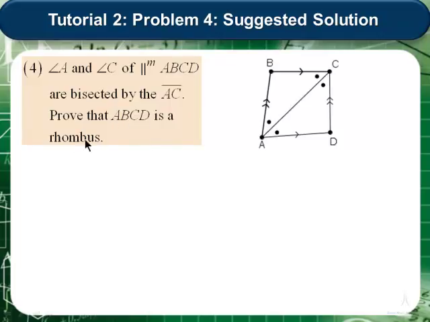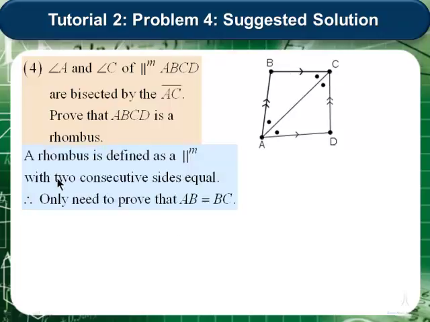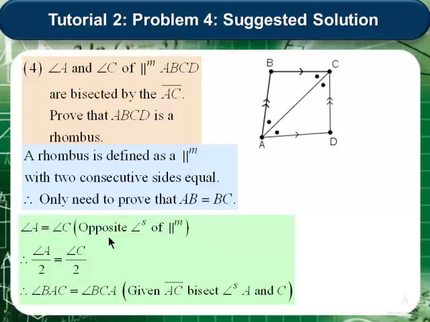Now remember, ABCD will be a rhombus if it's a parallelogram, and that we know, and two consecutive sides equal, and that we still don't know. So all we really need to show is that two consecutive sides will be equal, or more specifically, if we can prove that AB is equal to BC, then ABCD will be a rhombus.